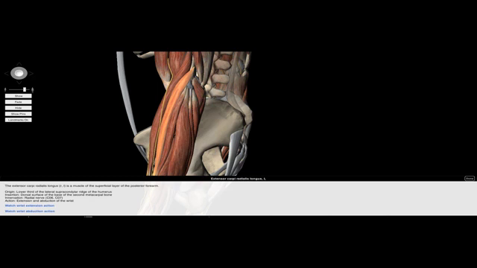The extensor carpi radialis longus originates on the lower third of the lateral supracondylar ridge of the humerus and inserts into the dorsal surface of the base of the second metacarpal.